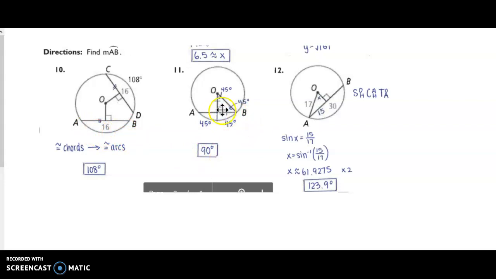If this is 90 degrees and if these tick marks mean they're congruent, that must mean that these angles are 45 degrees. And if the central angle is 45 degrees, then this arc is 45 degrees, which means this whole thing is 90 degrees. Sometimes you might have to use some trig here.